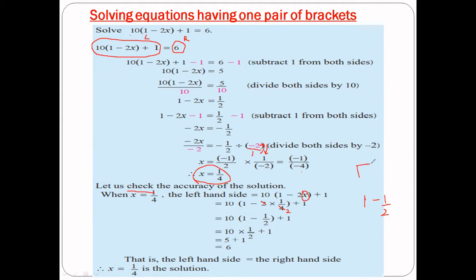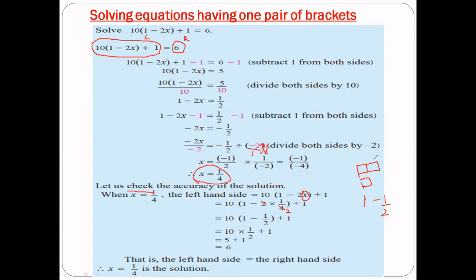Think of a cake. We get half, subtract half. If we remove half, then half remains. So what is 1 minus half? 1 minus half is half.